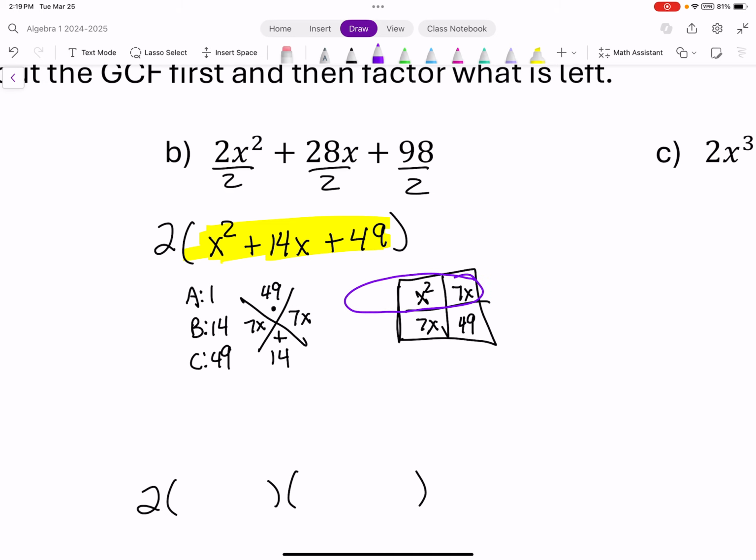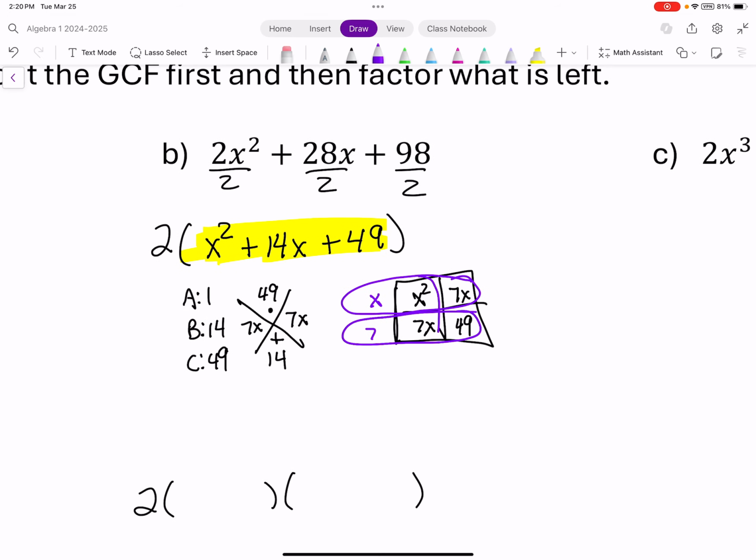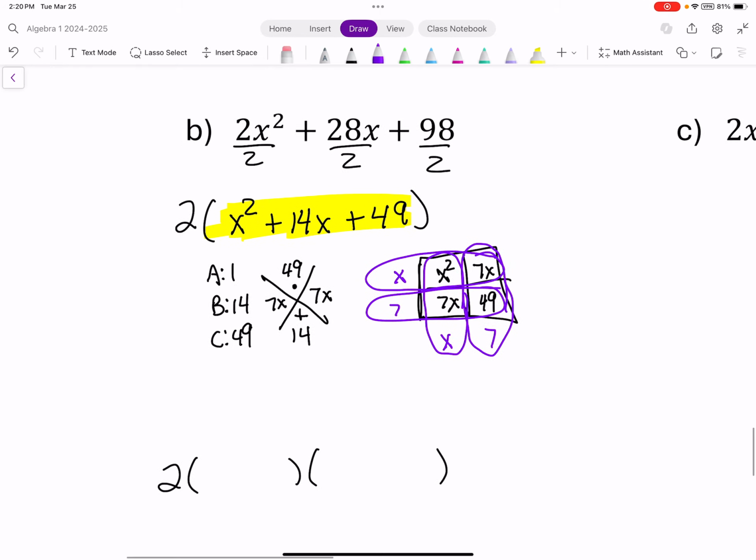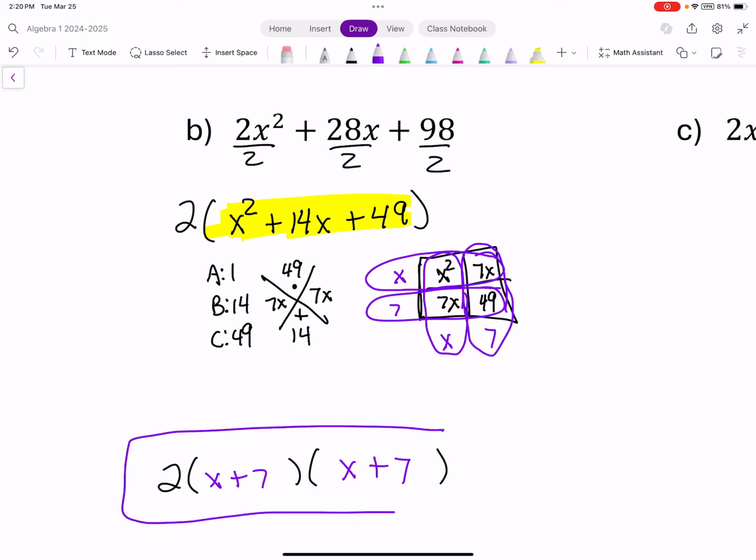Here it would be x, here it would be 7, here it would be x, and here it would be 7. So that part of it is x plus 7, x plus 7. So my final answer is 2 times x plus 7 times x plus 7. We can't forget that our GCF comes down into our answer.